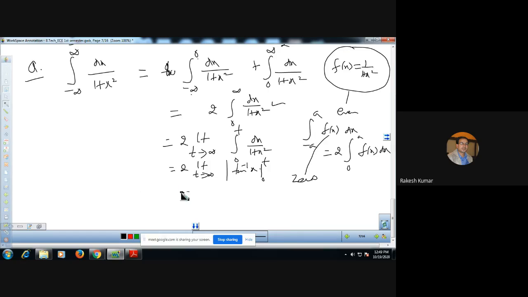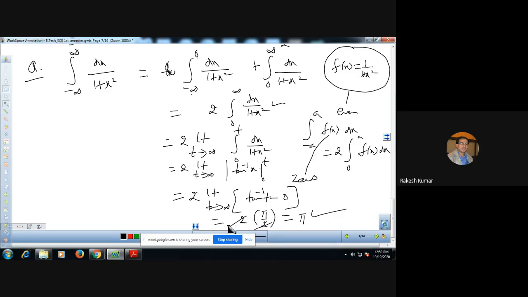Now, substitute the upper limit: tangent inverse t, and for the lower limit, tangent inverse 0, and tangent inverse 0 is always 0. Now take the limit t approaches infinity, and tangent inverse infinity will be pi by 2. So the ultimate value comes out to be pi, as the 2 will be cancelled.